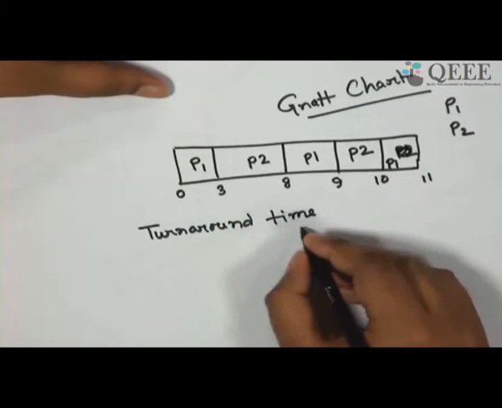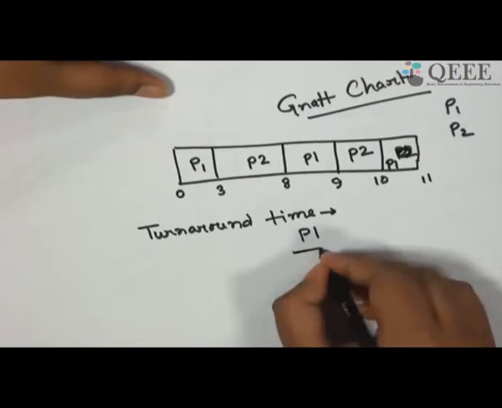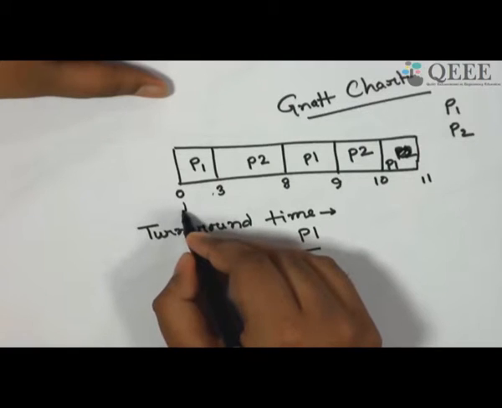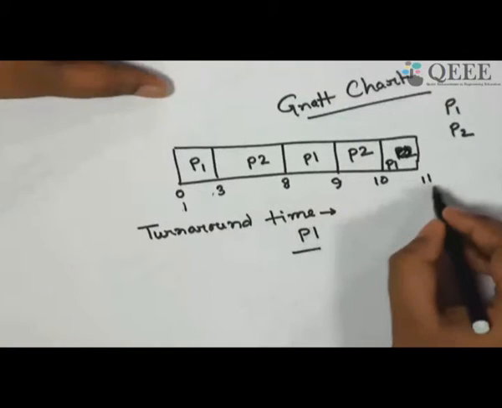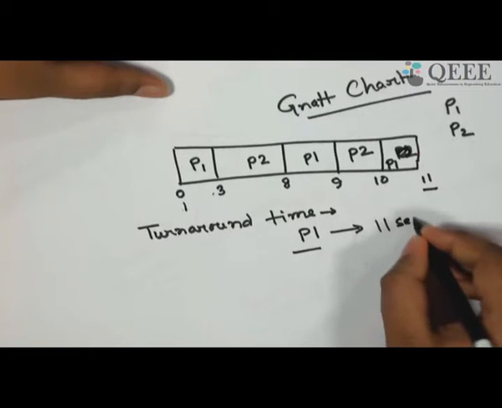turnaround time. The turnaround time for P1: P1 was first brought to the system at time 0, and it completes its execution at time 11. So the turnaround time for P1 is 11 seconds.